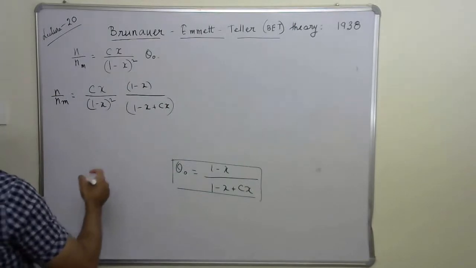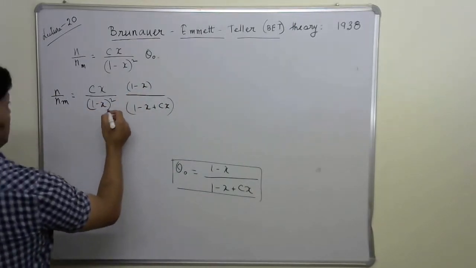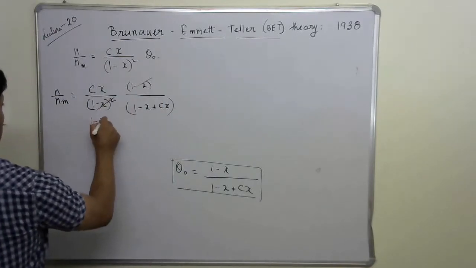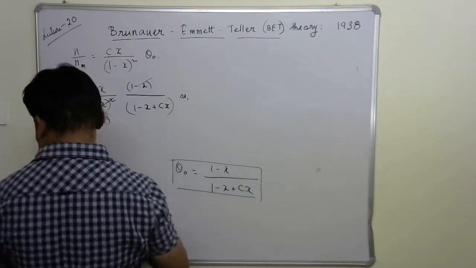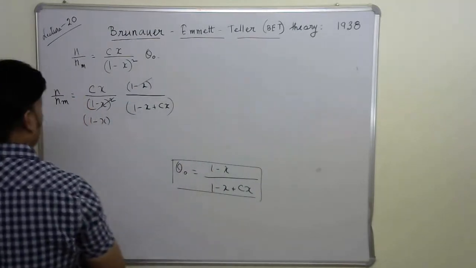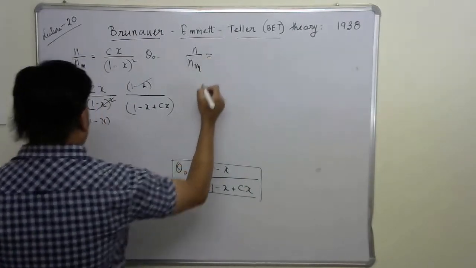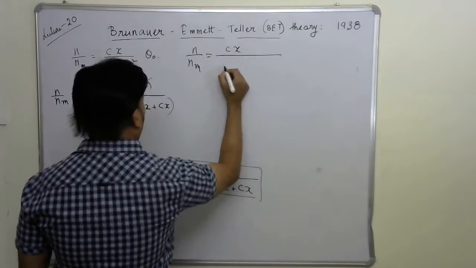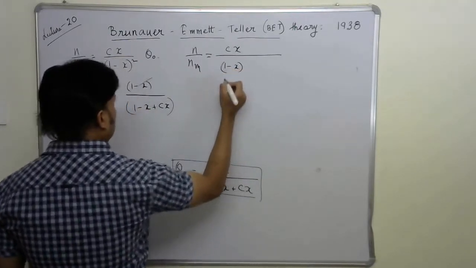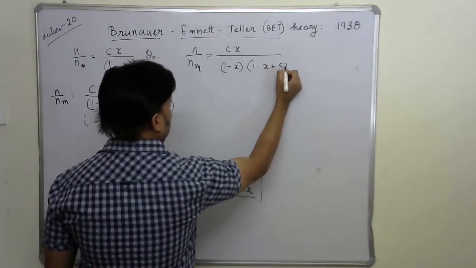Now we have 1 minus x squared in the denominator, so this cancels out, and finally n over nm takes the form of cx divided by 1 minus x multiplied by 1 minus x plus cx.